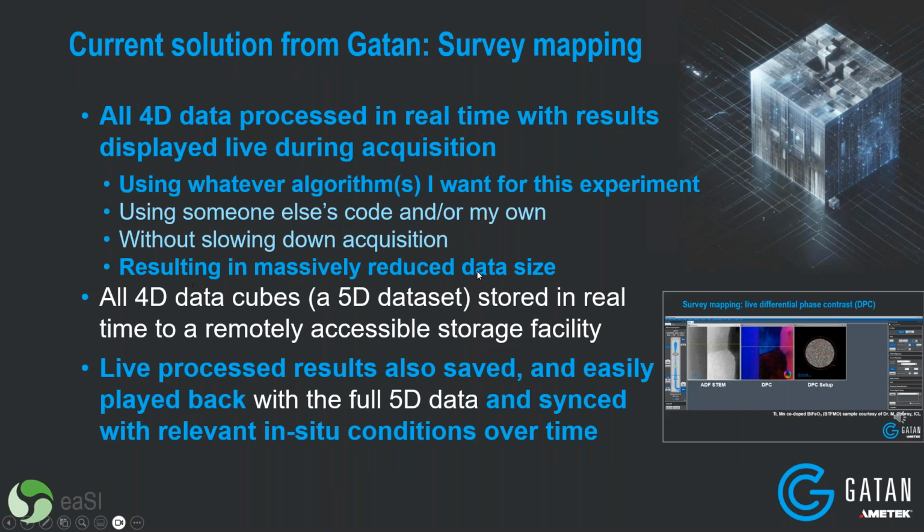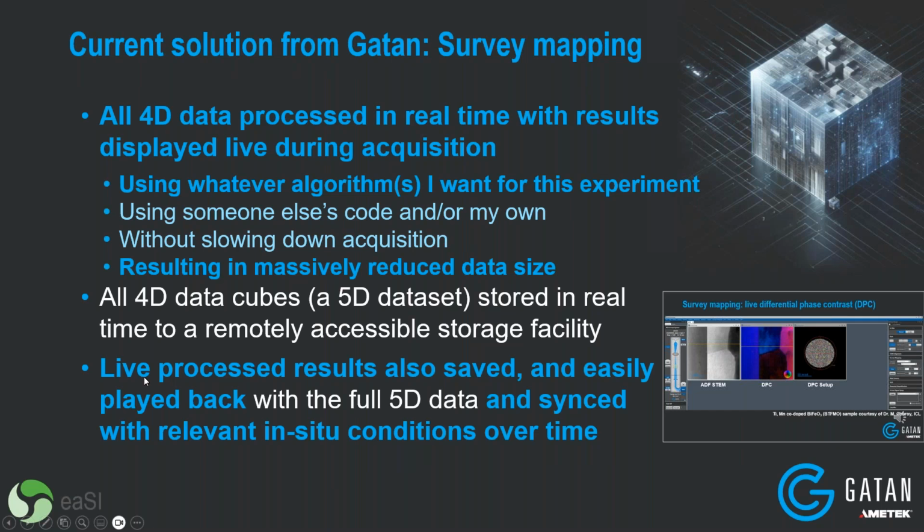Of course, we are always massively reducing the data size, and I'll talk about that more later. We don't currently save all the 4-dimensional data cubes in real time, so we have to choose, right? You can either use the in-situ 4D STEM tools in DigitalMicrograph to store an entire series of 4D data cubes, or you can use the survey mapping approach to just save the 2-dimensional processed results and not save the 4-dimensional or 5-dimensional data.